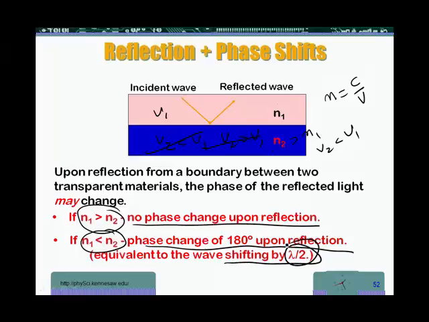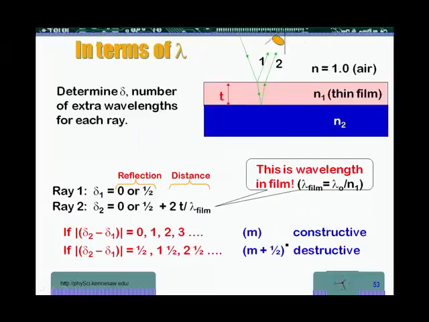Okay, what does this translate to in terms of interference? Let's think of this in terms of the wavelength. The first wave, depending on the medium. So if we go from n0, air or in general anything, to n1, then the reflected wave is going to undergo either no phase change or a half-wavelength phase change, depending on the case.